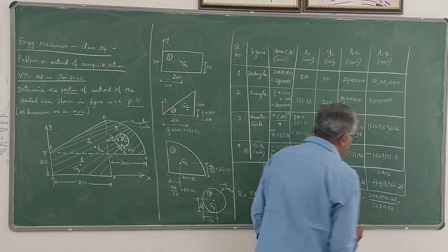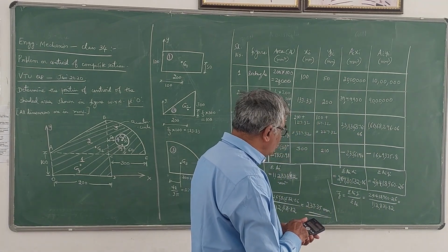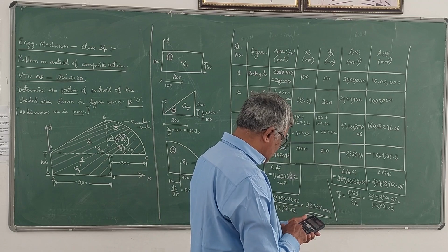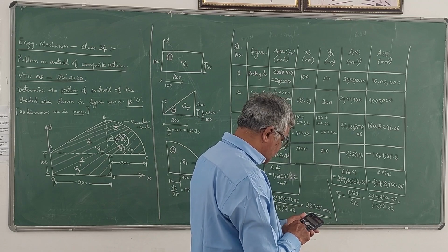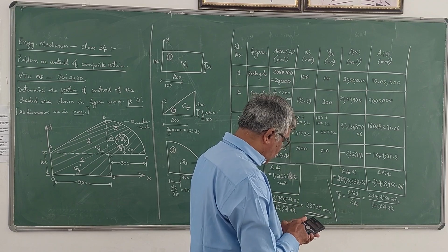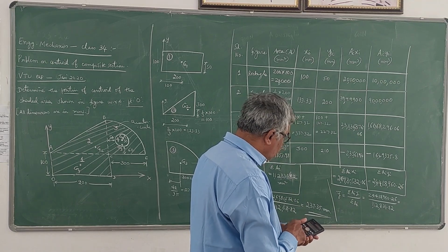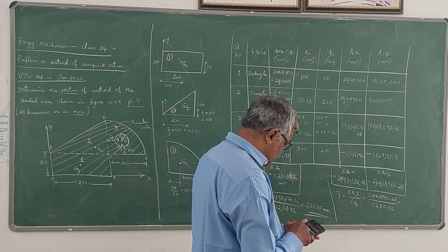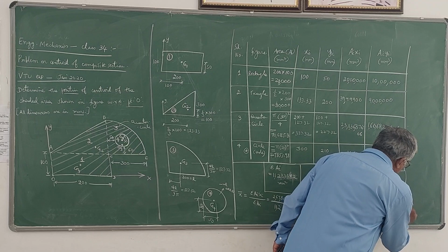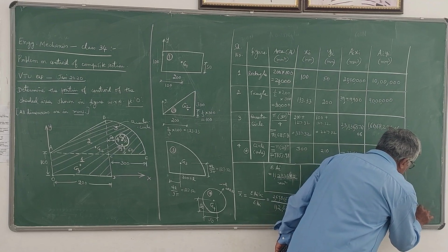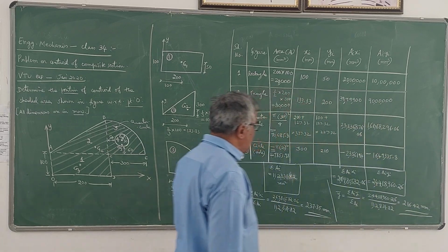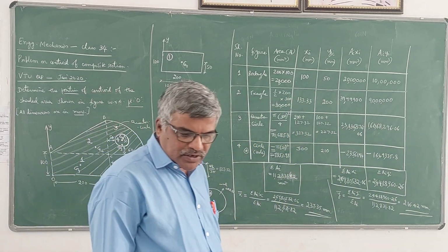So if you simplify this, the answer is 216.42 millimeter. So these are the values of x bar and y bar for the composite section and for the shaded area.